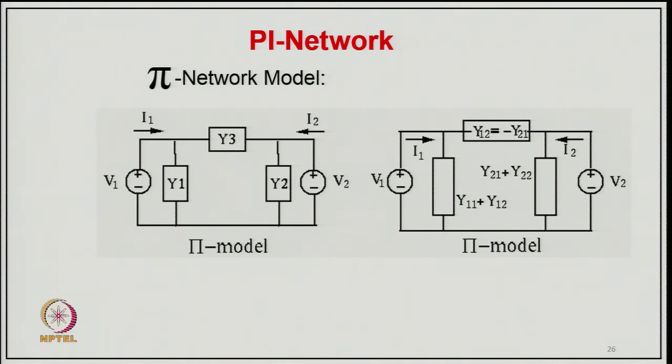So, now putting in the equations from these two models, how can we define this pi equivalent network model in terms of the admittance parameters of the two port network, which we already discussed.